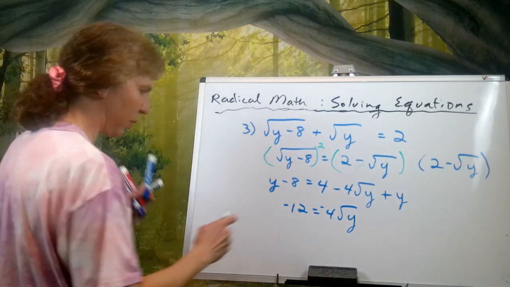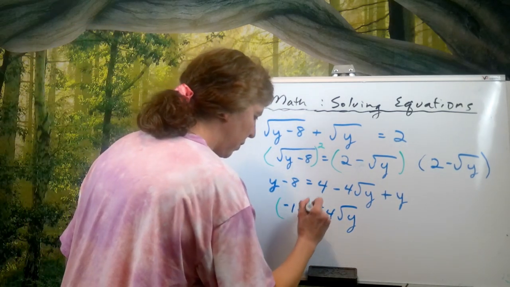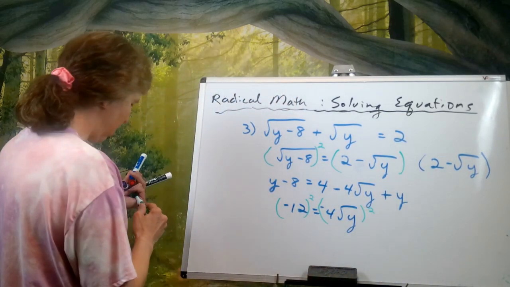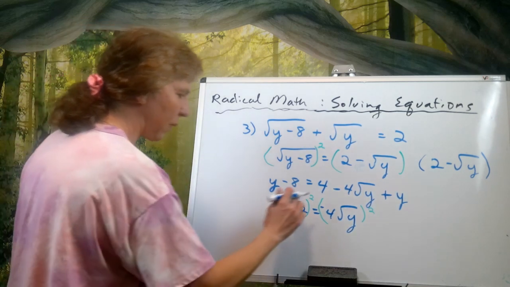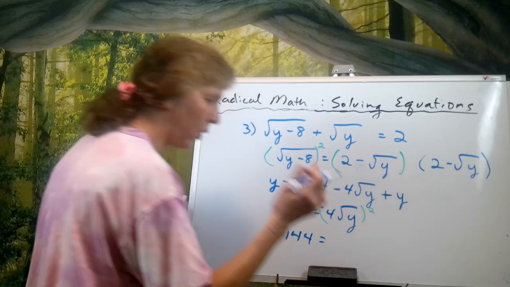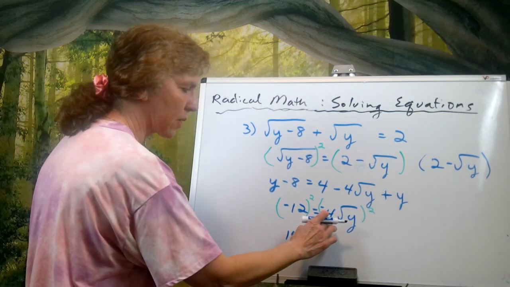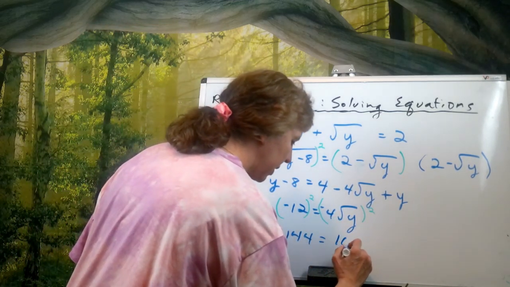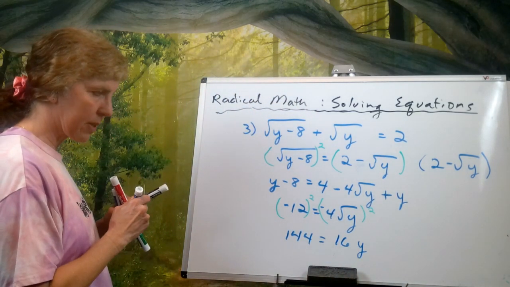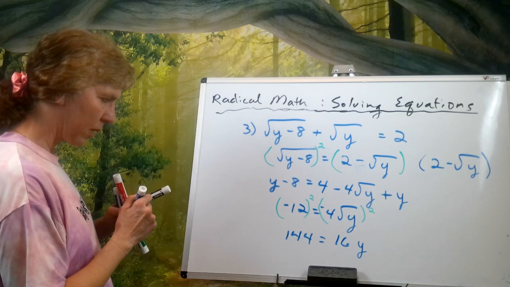Okay, and now I'm going to square both sides. On the left side, I get 144. On the right side, don't forget to square him too. You'll get 16y. If you divide both sides by 16, I think you end up with 9.